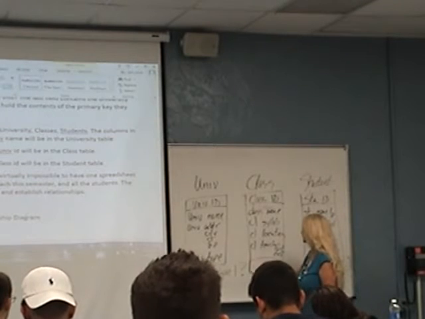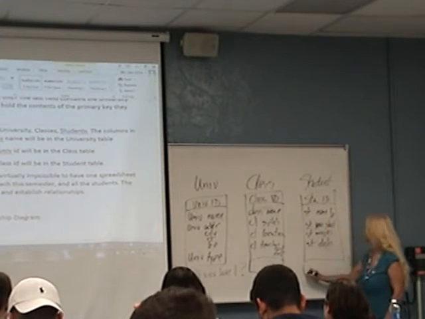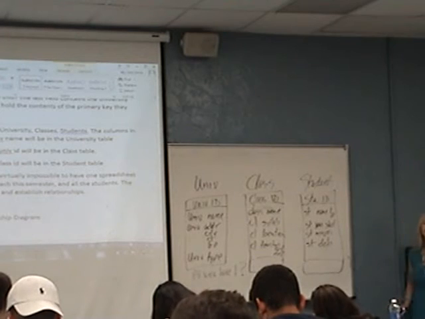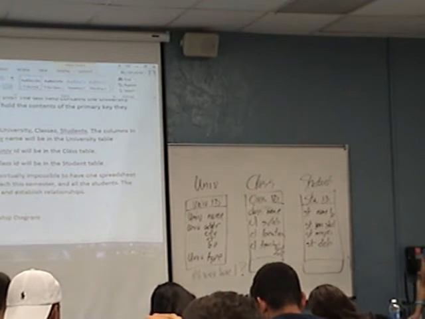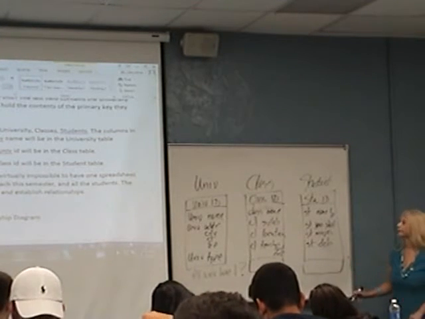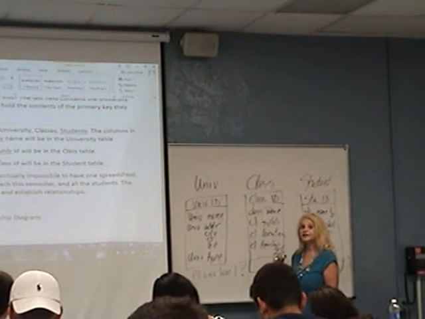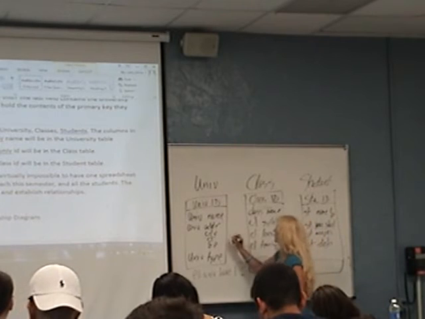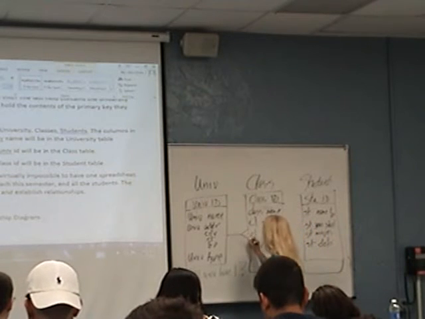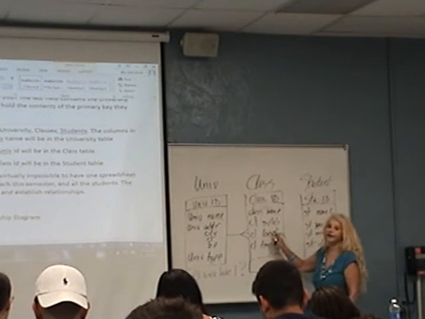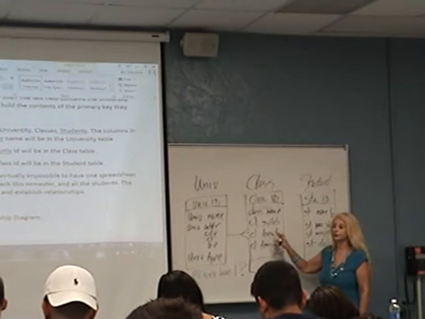Down here at the bottom, we have a very important field. First of all, before I even go to that, the sentence that we wrote earlier said, each university has many classes they teach.